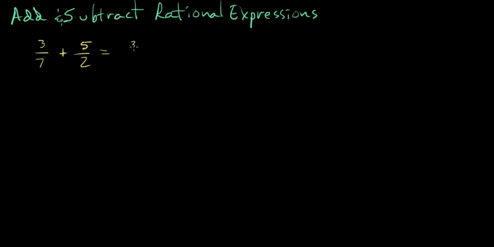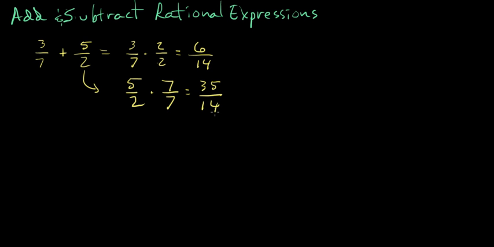So, we take the first one and we multiply it by 2 over 2, and that will give me 2 times 3 is 6, 2 times 7 is 14. And then we take the second one and we multiply it by 7 over 7, and that will give me 35 over 14.